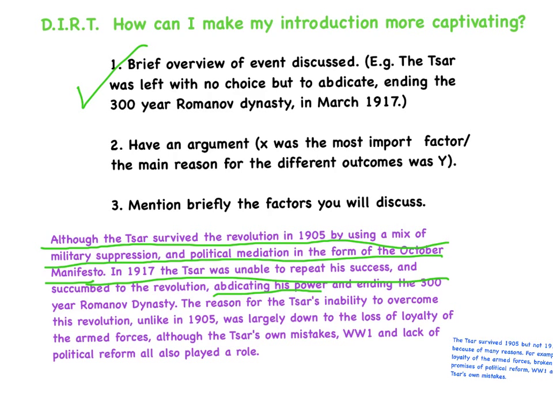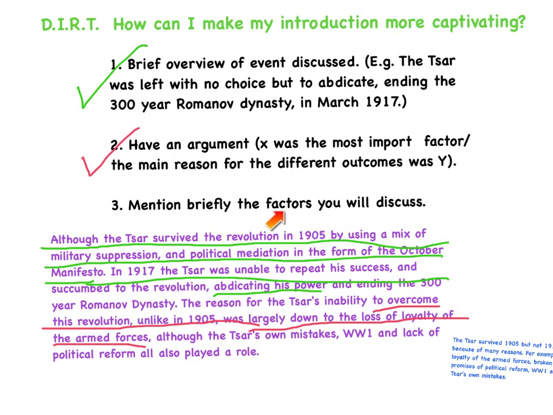Have they given an argument? So have they given the main reason why they think these two events had different outcomes? Well, down here it says that it was largely down to the loss of loyalty of the armed forces. So yes, they have said what they reckon the main reason was that the Tsar was unable to overcome this revolution, unlike in 1905.